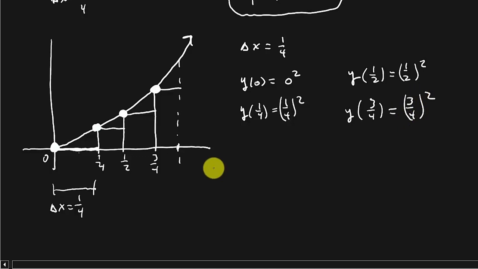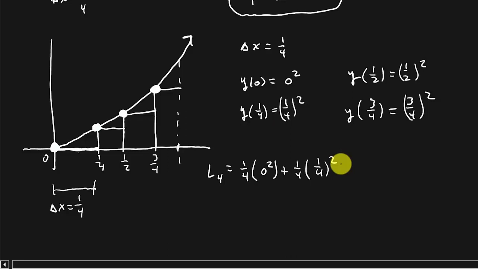And so our area, and we'll call this L4, left endpoints with 4 rectangles, that's going to be the width of the rectangle times the height, plus the next rectangle, the width, which is 1/4, times the height, which is 1/4 squared.